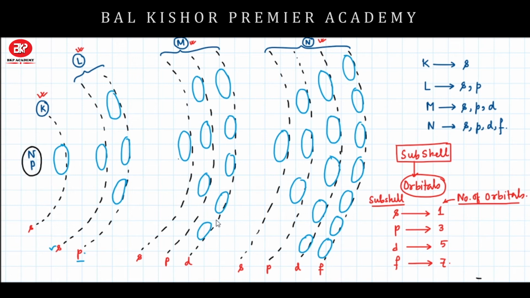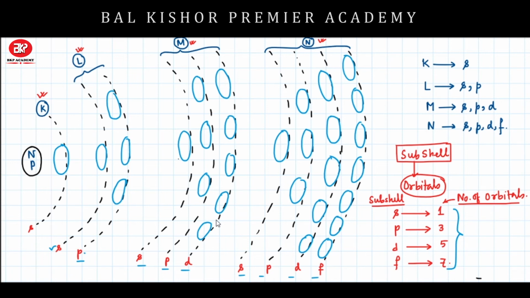Now, we have seen right now that the electrons are residing inside the energy levels, and an energy level contains different subcells. These are the different subcells, S, P, D, F, and inside each subcell there are different numbers of orbitals.